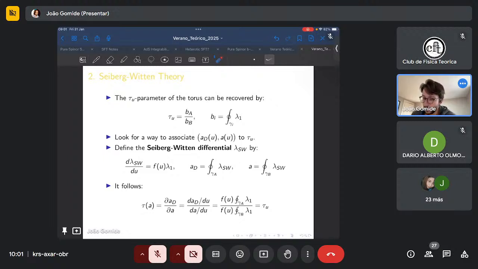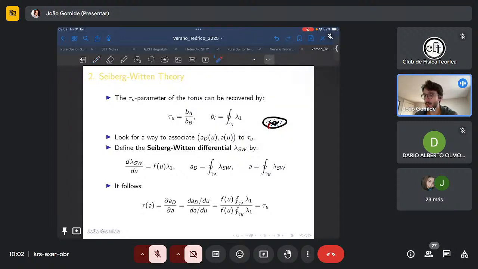So the final step is just finding what exactly is the operation we have to do on this torus to find A and AD. The operation is taking the integral of these differential forms along the loops of the torus. So the torus is something like this, right? And AD will be related to one of the cycles here, and the other, A, will be related to integrating stuff along the other cycle of the torus.